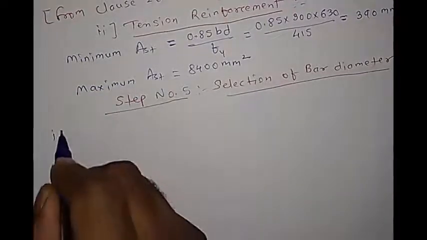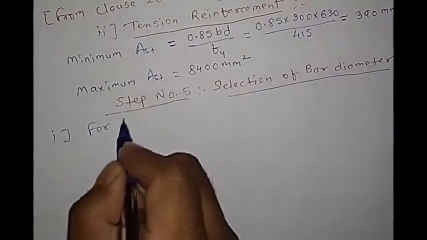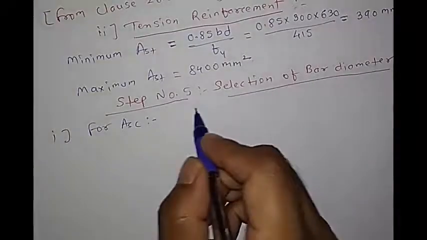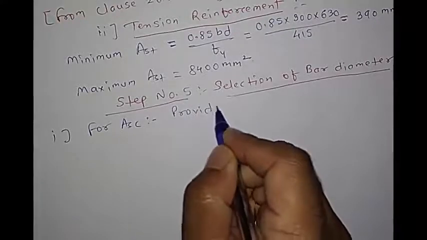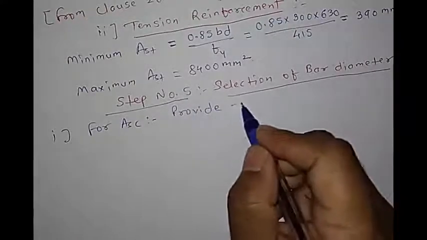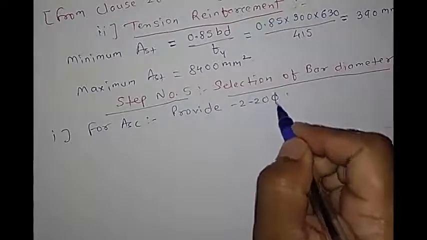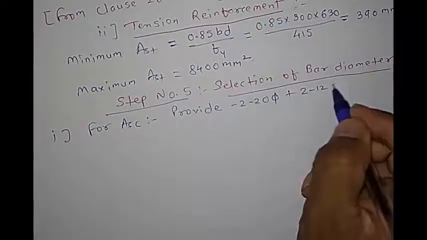So let us say first of all for ASC, so this we can just assume, let us provide 2 bars of 25 plus 2 bars of 12.5.